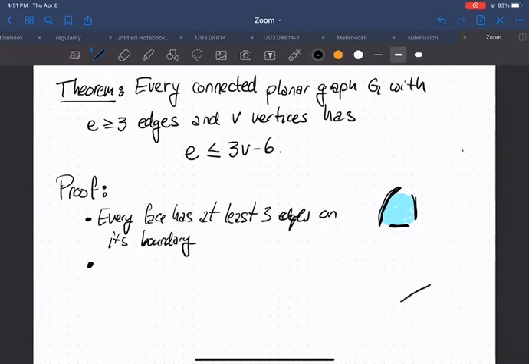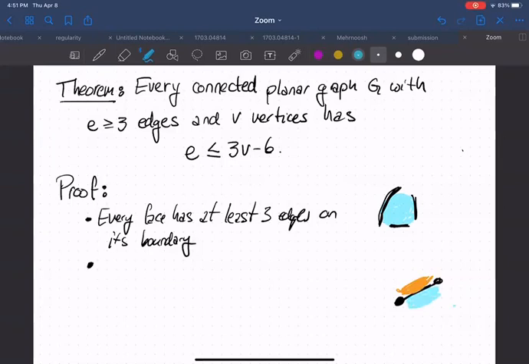Now let's look at it from the other side. What if I look at an edge? How many faces could it be on the boundary of? Well, it could be on the boundary of one face on this side and a different face on the other side. It's not always on the boundary of 2 different faces.